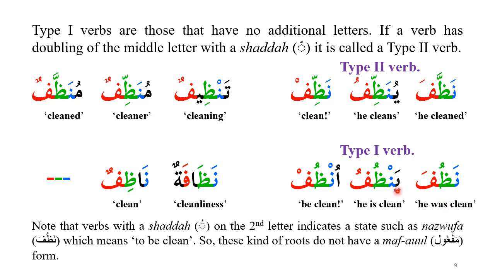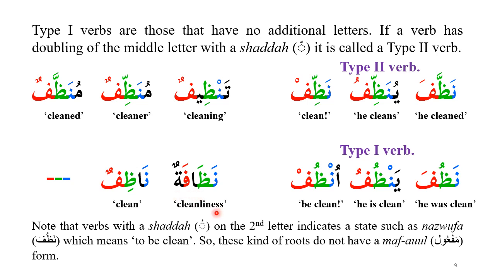He was clean. And yanzufu. So whenever dhamma is on the second letter in the fi'l al-mudari', it must have the dhamma. There is no other choice. So nazufa, yanzufu, unzuf is related to be clean, right? To be clean. And nazzafa means he cleaned, to clean. So to be clean and to clean.